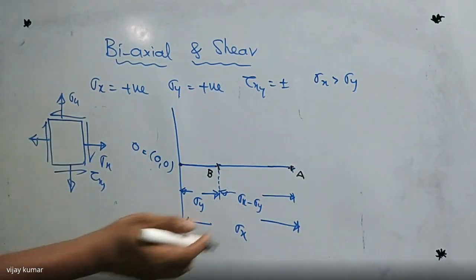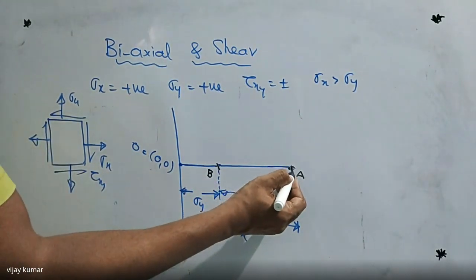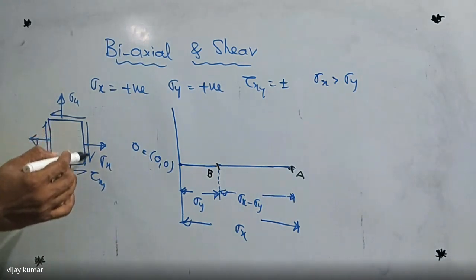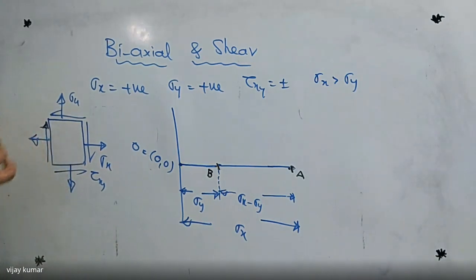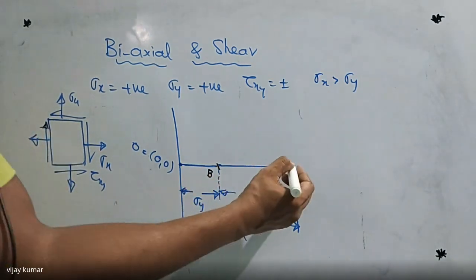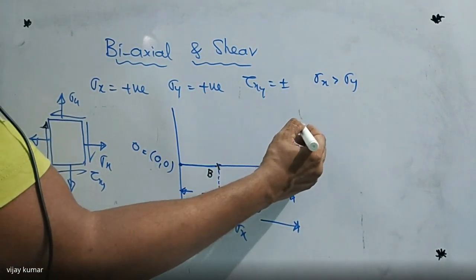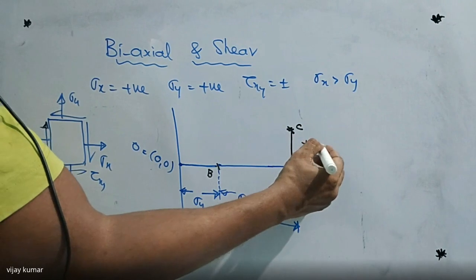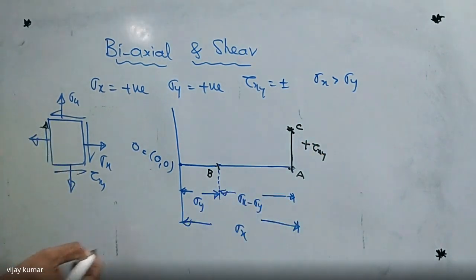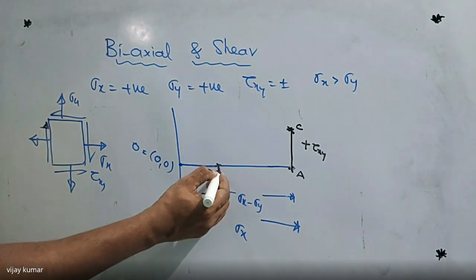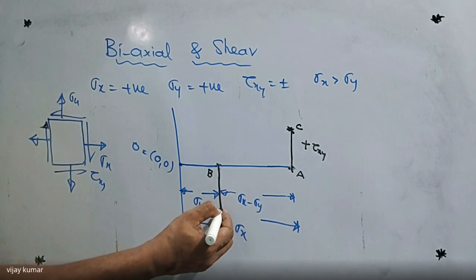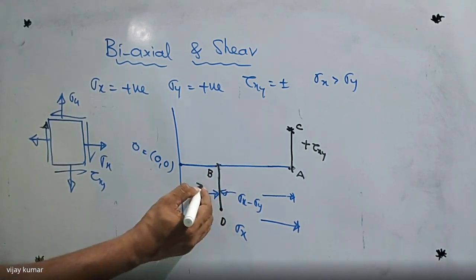Point A is the vertical plane. On the vertical plane, which type of shear is acting here? Clockwise, so it is positive. So I'm going to take one line up to this one, which is C, and this one is plus tau xy. Point B also has negative shear, so this one is D, and it is negative tau xy.